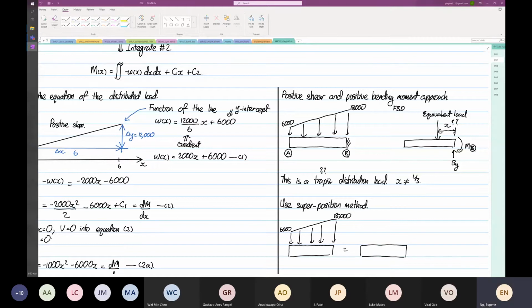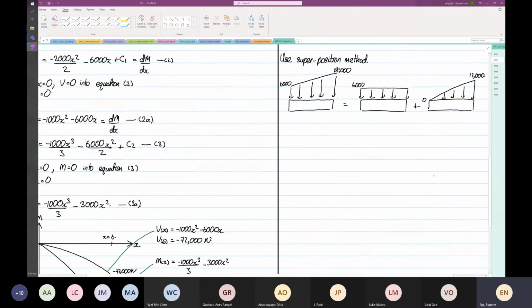First you have an evenly distributed load, 6,000, and then you add the other distributed load. Now you have to be careful. Now this is 0 and this is 12,000. It's not 18,000 because you have used your 6,000 already, yes or no? That is what I mean by the superposition method.